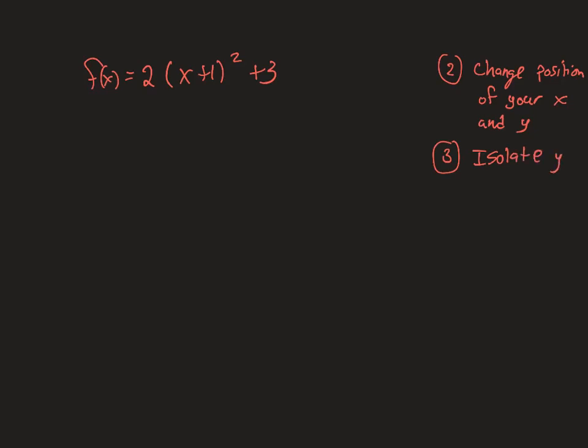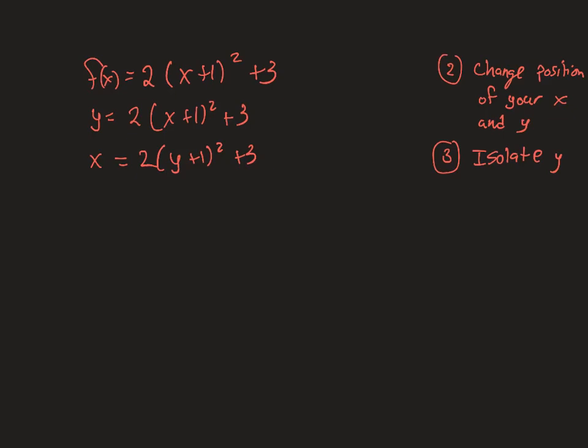In this case, we're using f of x, so we can change it to y just for simplicity's sake. Alright, so your first step is you're changing the position. So this is now x, this is now y. Okay, and you want to get y by itself.